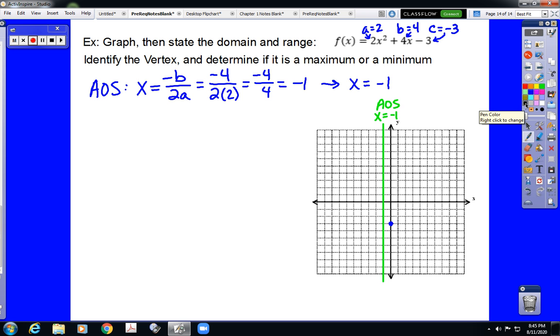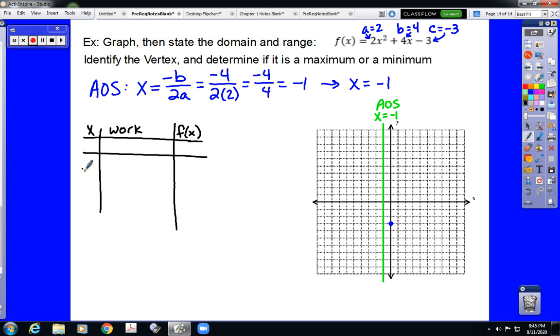We are then going to create a table. Remember that that table needs to have 5 rows. One, 2, 3, 4, 5. And that the middle row should be your x value for your axis of symmetry.